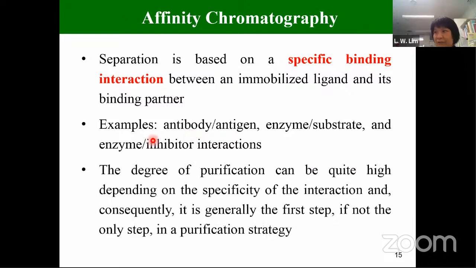And then the important thing of the purifications is about specific interactions. Usually, it's important when we want to do purification. Yes, especially for purifications. So this slide is just a short question.